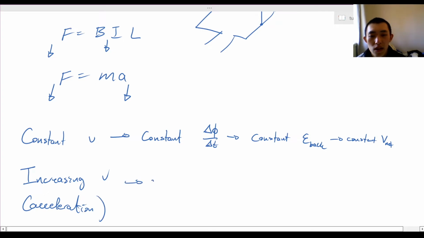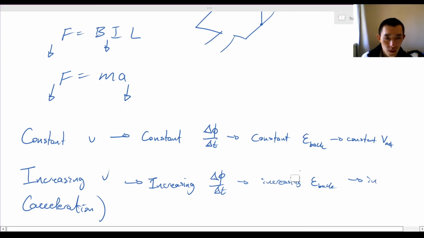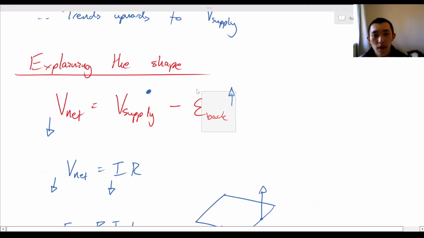Then we're going to have an increasing change in flux over time, which leads to an increasing back EMF. But the more concerning thing is that leads to a decreasing V net. If I have an increasing back EMF, I have a decreasing V net.